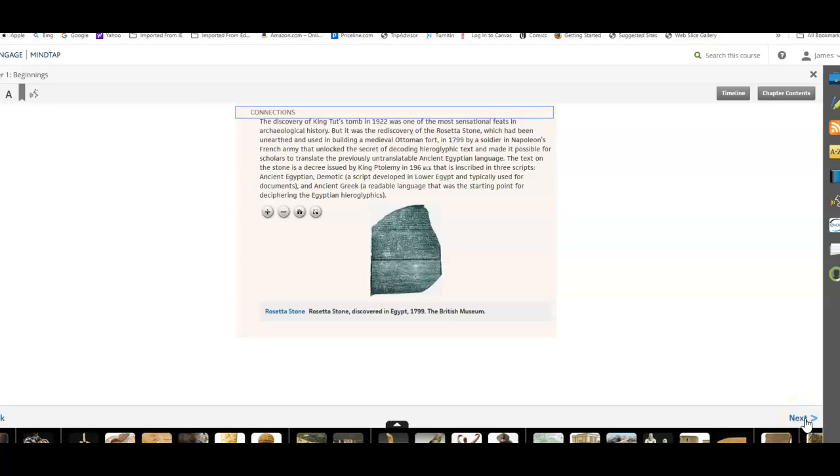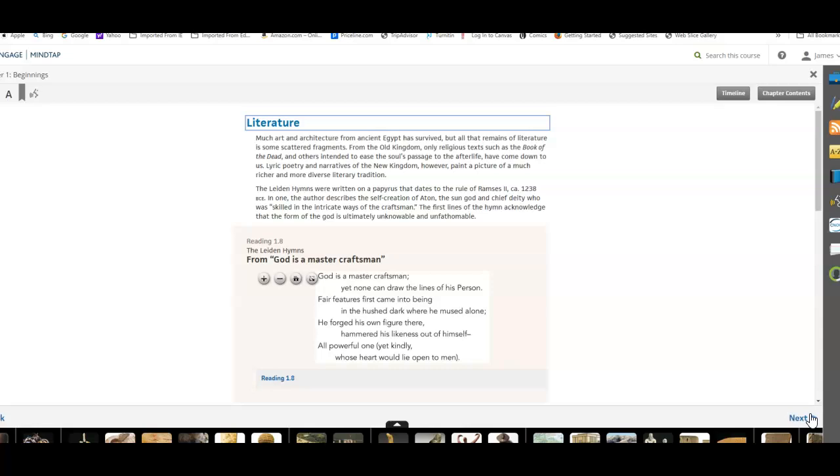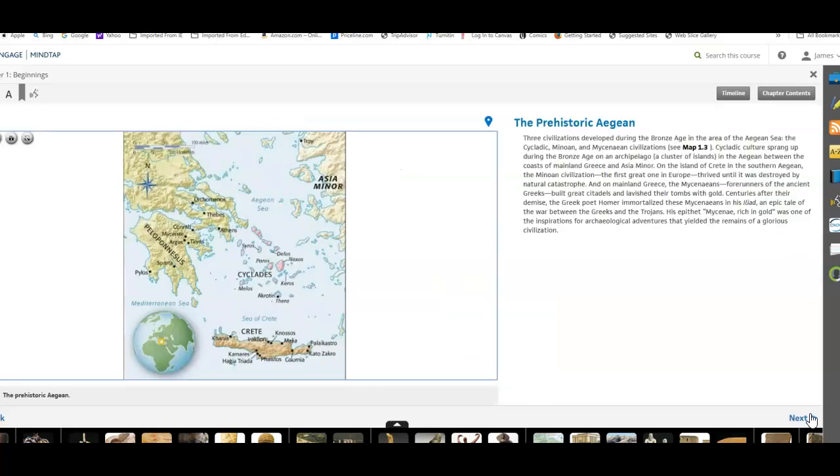As you go on through, again, details here, there's the Rosetta Stone image, that about literature. You have different hymns written. Akhenaten composed a poem praising the god Aten.